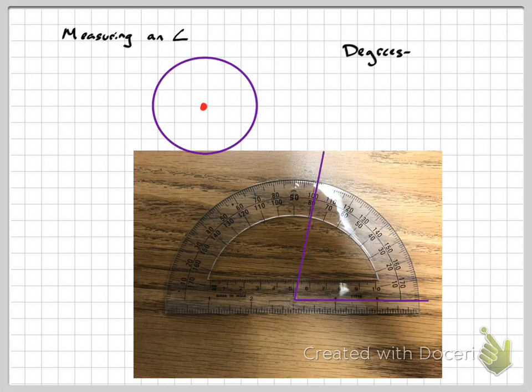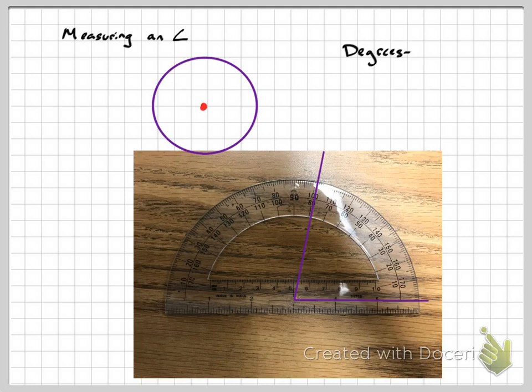Now you always want to line up one of your rays with this bottom point down here. So we take our vertex and we line it up at the center dot of the protractor. We then also line up one of our rays with this bottom line of the protractor as well.